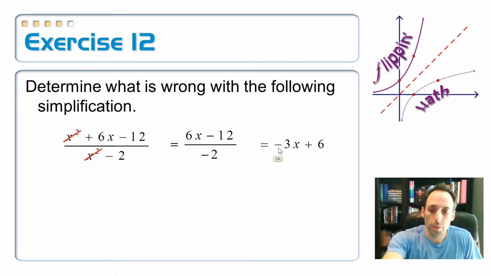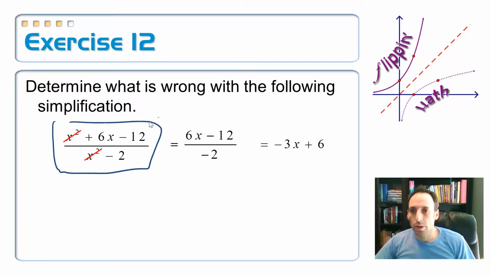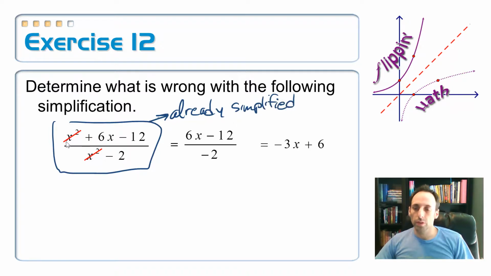And here they're not. So the problem here is that this thing was already simplified. I know it was already simplified because there's no way x squared minus 2 is going to be a factor of the top. And you can't cancel out individual terms of expressions.